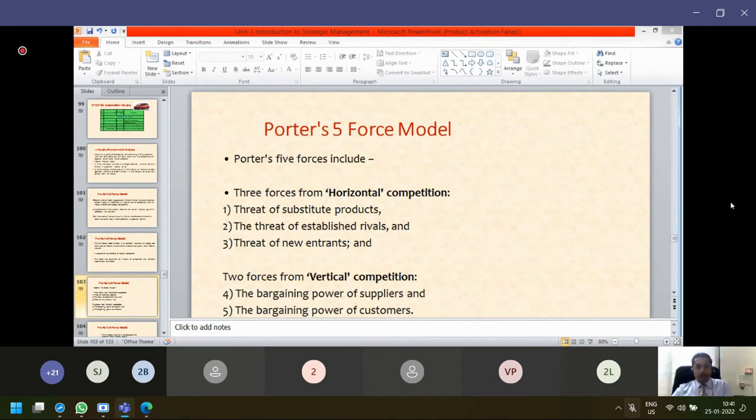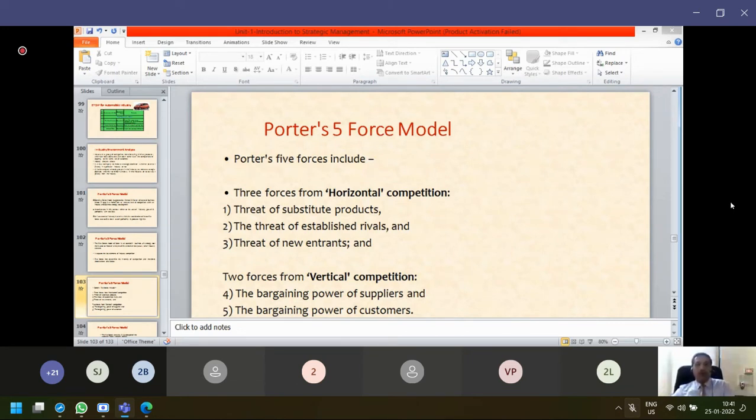The horizontal competition will have 3 forces: first, the threat of substitute products; secondly, the threat of established rivals, those who are already established competitors in the market; and third, the threat of new entrants, those companies who want to enter that particular business.